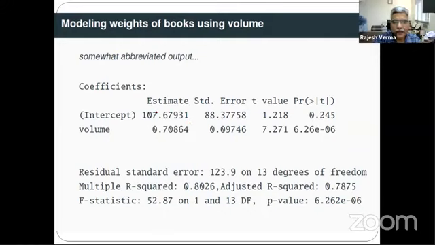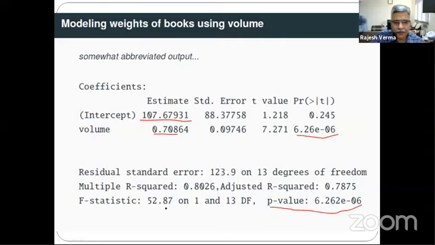Like yesterday, I gave you the output of R analysis, and when this linear regression is performed, then we have an intercept of 107.6, and the slope for volume is 0.70864. And you can see that the p-value here is very small, and ultimately the p-value of this model is also very small.